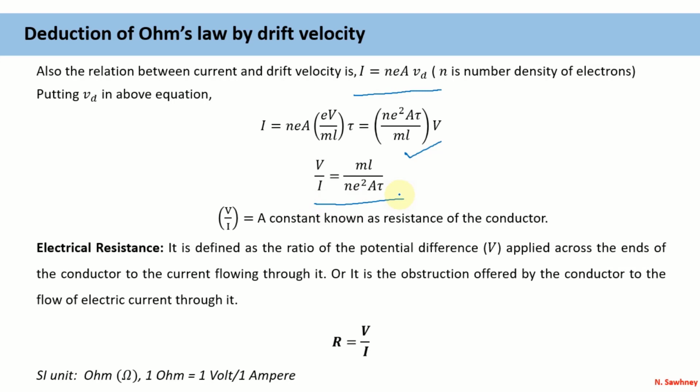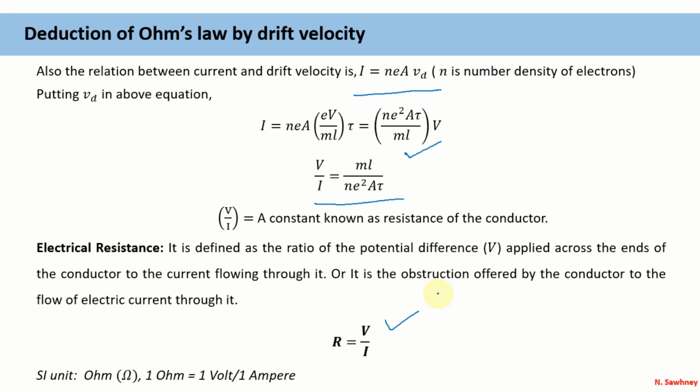Now we are in a position to define what is resistance. It is defined as the ratio of the potential difference applied across the ends of the conductor to the current flowing through it, that is V upon I. Or in a generalized way, we can express electrical resistance as the obstruction offered by the conductor to the flow of electric current through it.